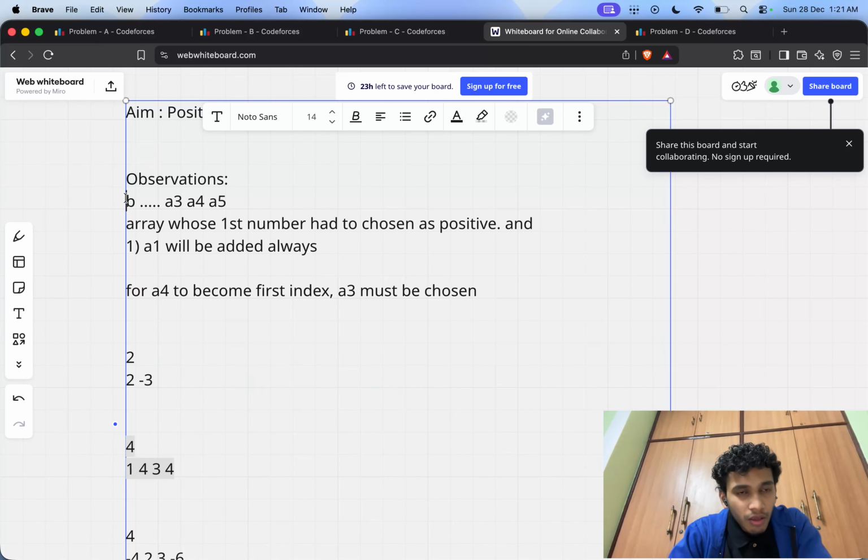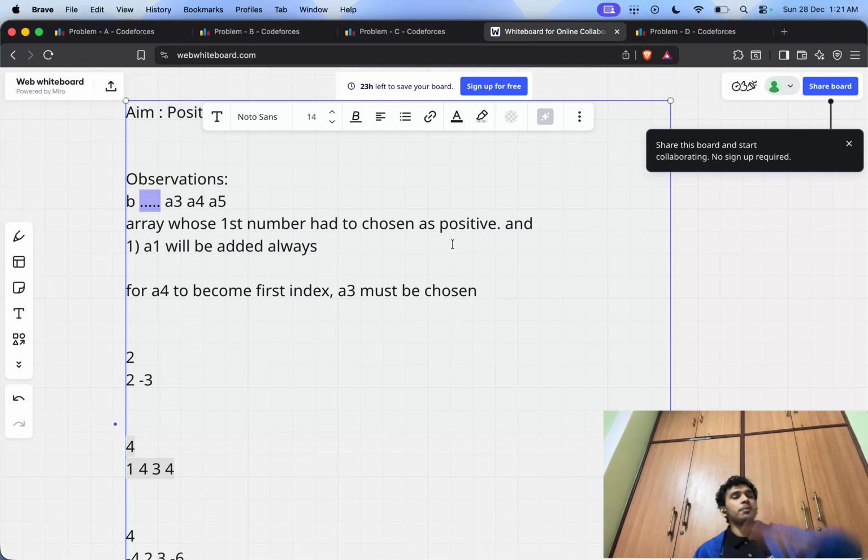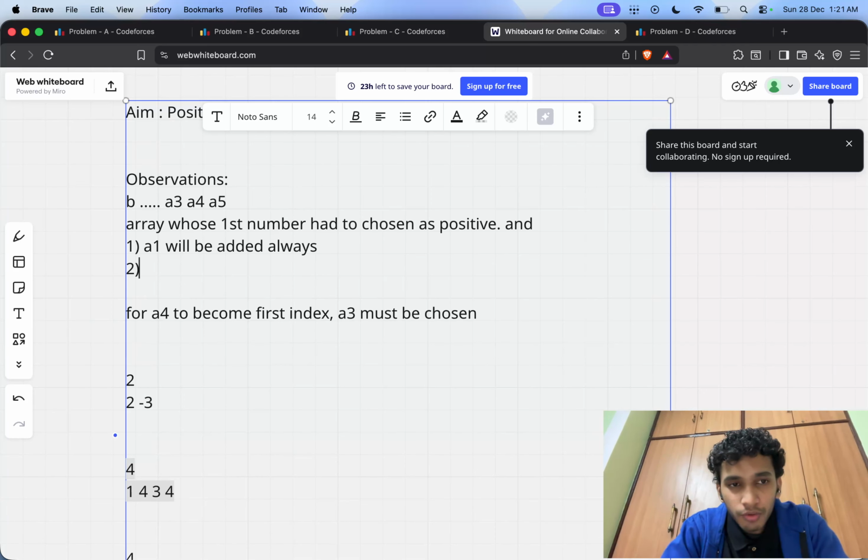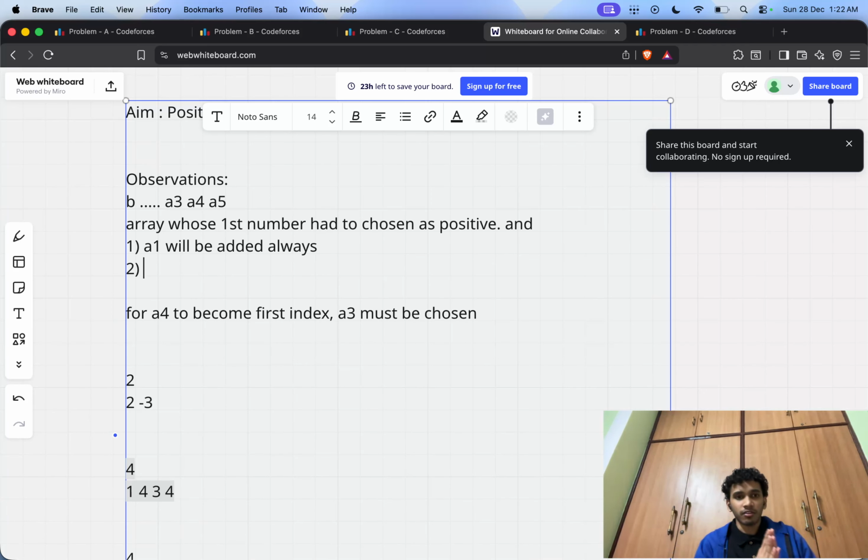Now again, the first number is such that it should be chosen as positive, and we have some numbers left. So it becomes like the previous scenario. So we conclude that with this construction, if the number is to be chosen as positive, take it as positive.